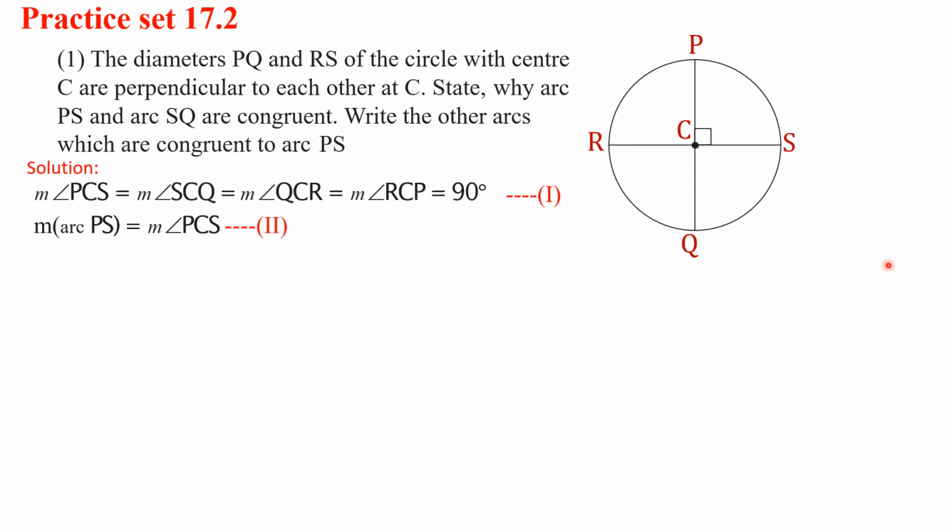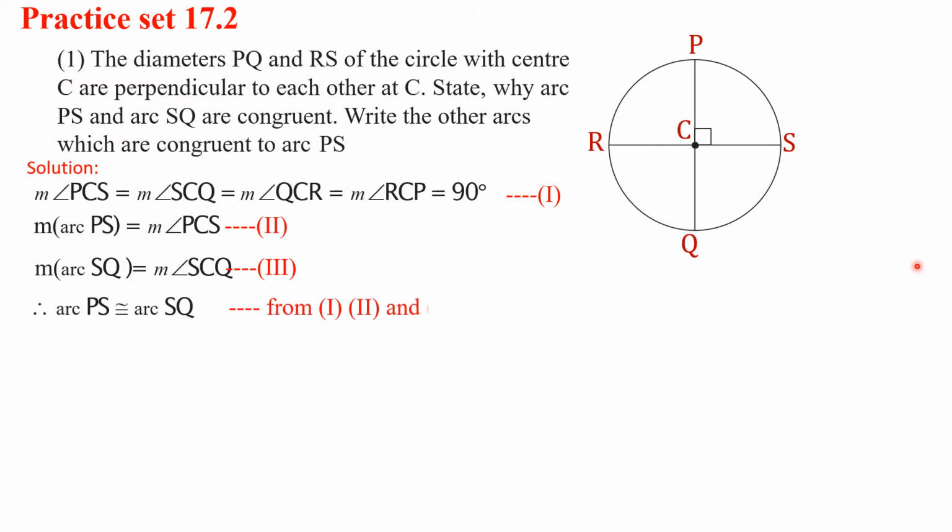Next, arc SQ is equal to angle SCQ. This is statement number 3. From 1 to 3, arc PS is congruent to arc SQ. Write down the reason from statements 1, 2 and 3.